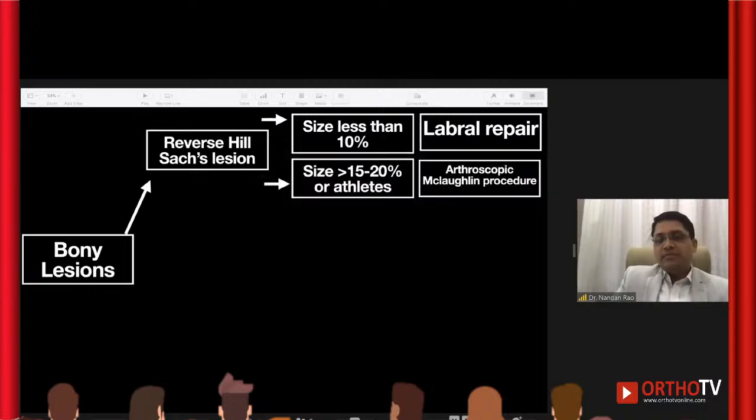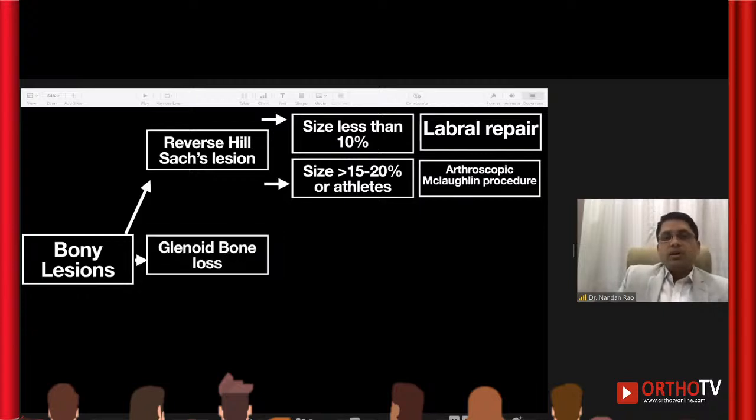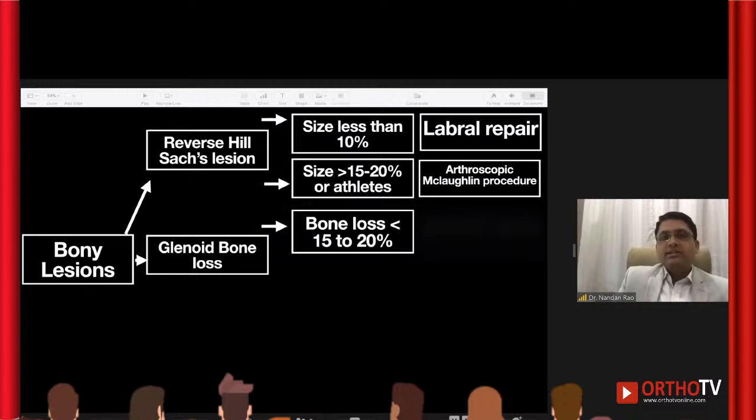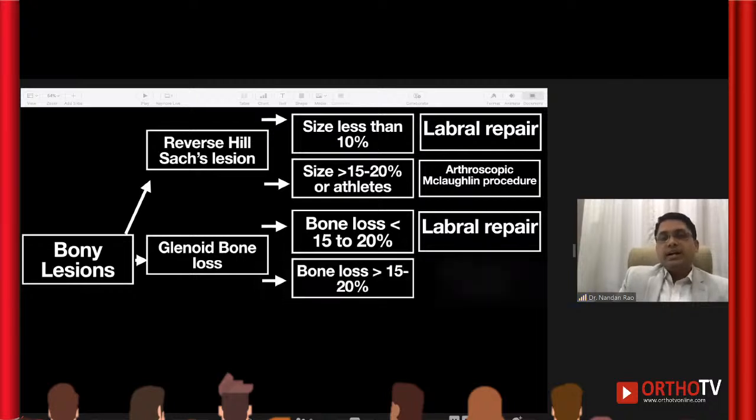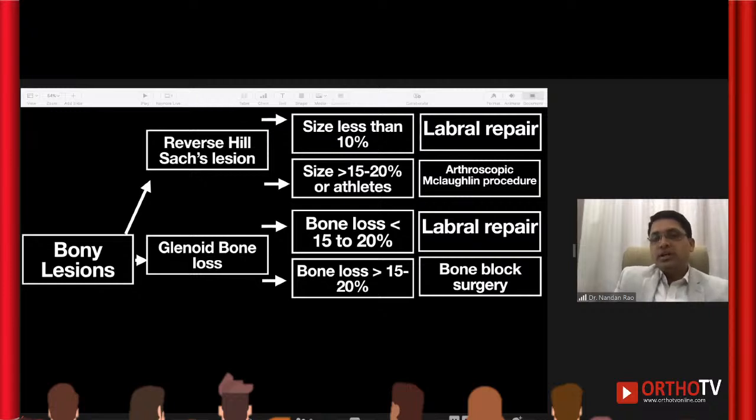If the size is more than 15 to 20%, an arthroscopic McLaughlin repair would be needed. If there is glenoid bone loss and it is less than 15 to 20%, again, labral repair would be sufficient in most of your patients. And if the bone loss is more than 15 to 20%, a bony posterior augmentation might be needed.